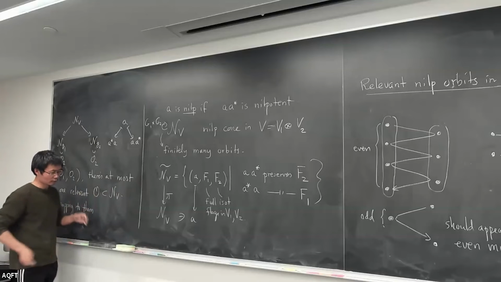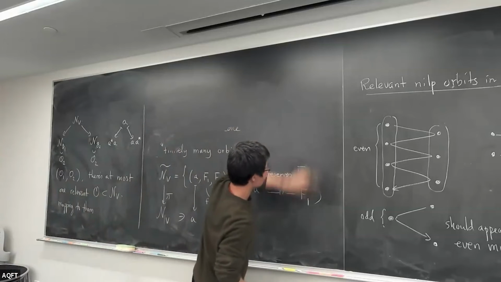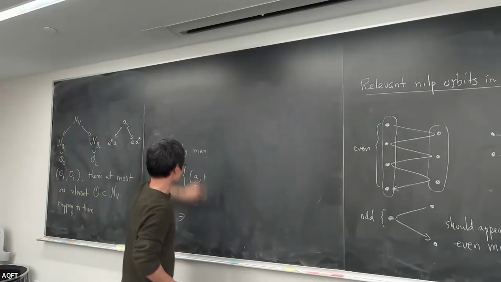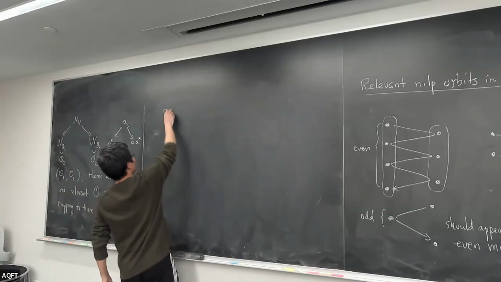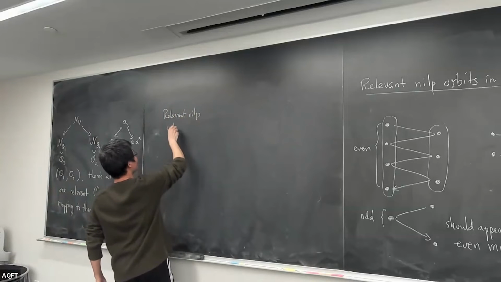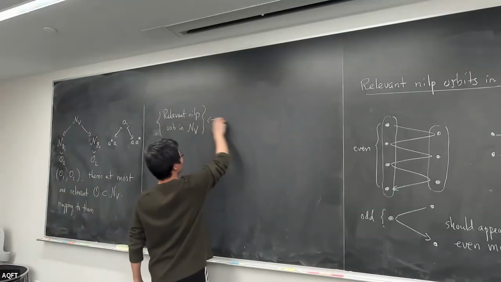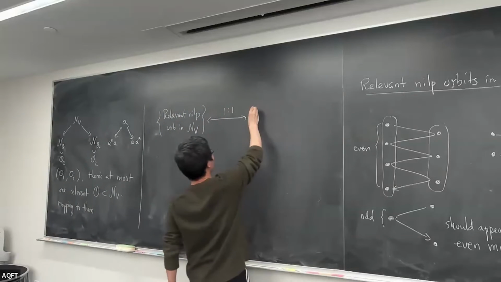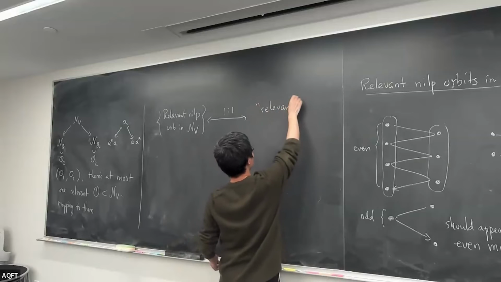In other words, there's a bijection between relevant nilpotent orbits in V and certain pairs of nilpotent orbits. So certain pairs which are also called relevant pairs.